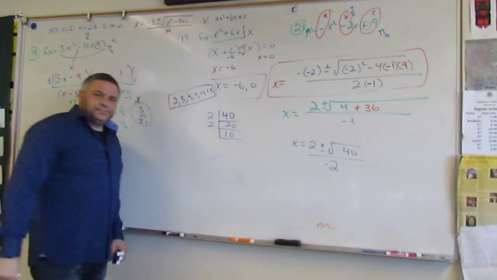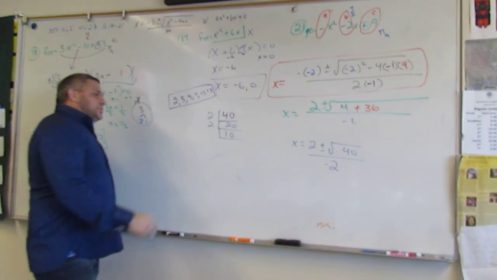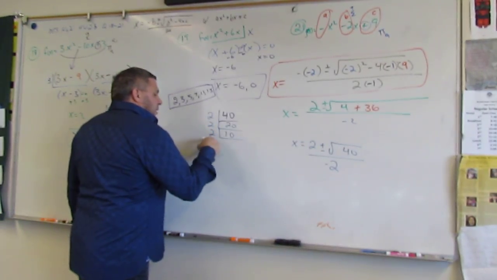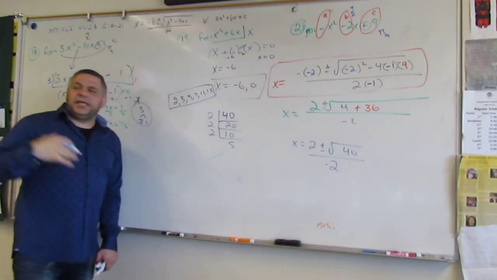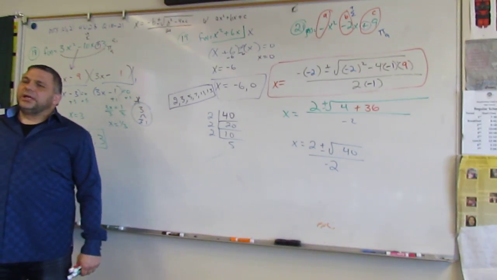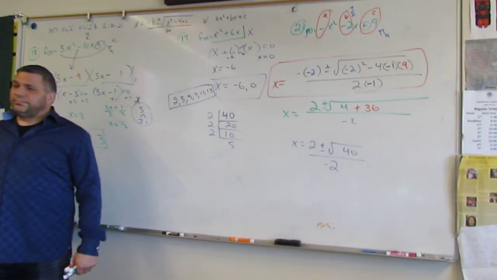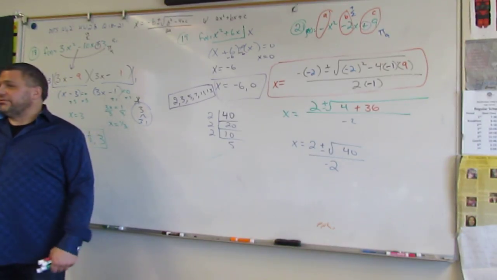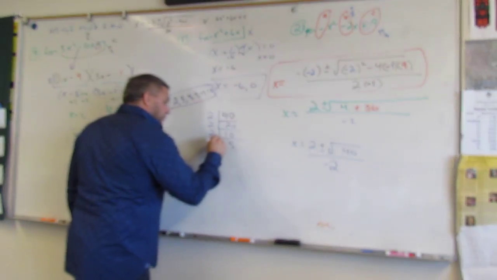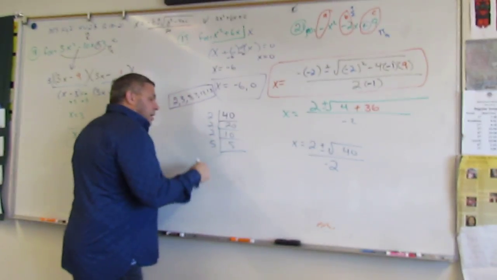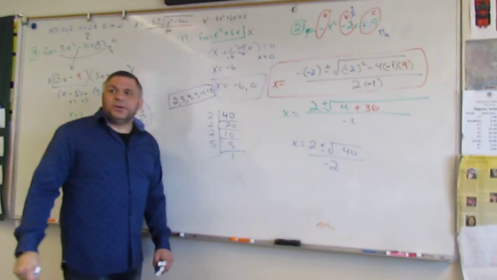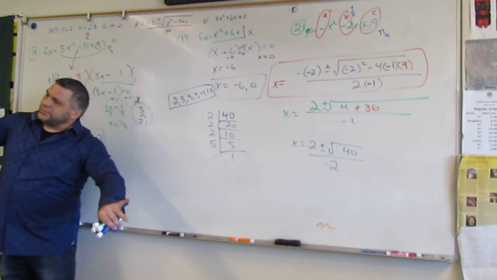Is it even? Yes. Then we divide by 2. 5. There we go. Is it even? No. Then we go to the next number. 3. Does 3 go into 5? No. Does 5 go into 5? Yes. 5 goes into 5 one time. When you get to 1, you're done.